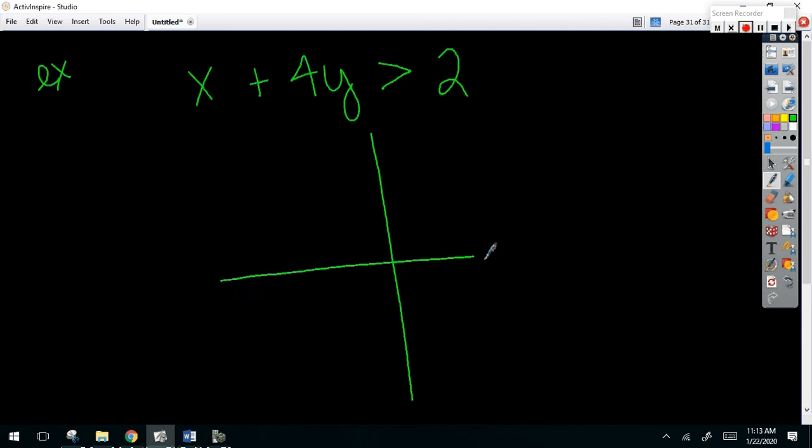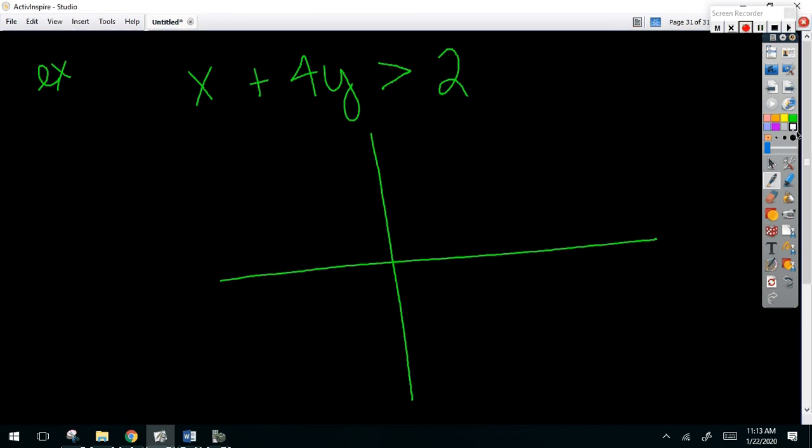All right. Let's say I have x plus 4y is greater than 2. I want to graph it. You need to get y by itself, but I'm not going to do all that work.